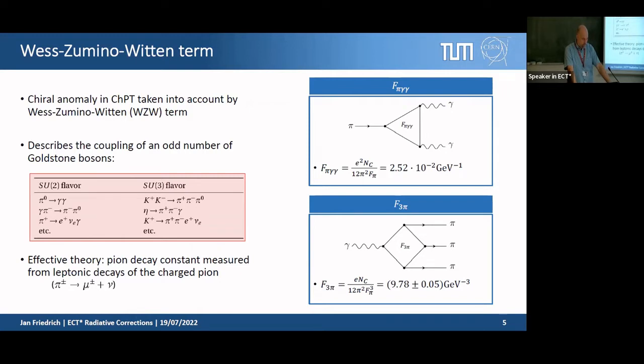This then describes the coupling of an odd number of Goldstone bosons. So the pi0, in terms of the strongly interacting system, just disappears when it converts into 2 photons, or the photon couples to 3 pions.